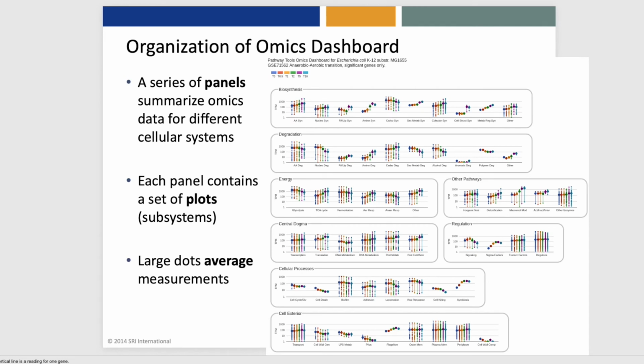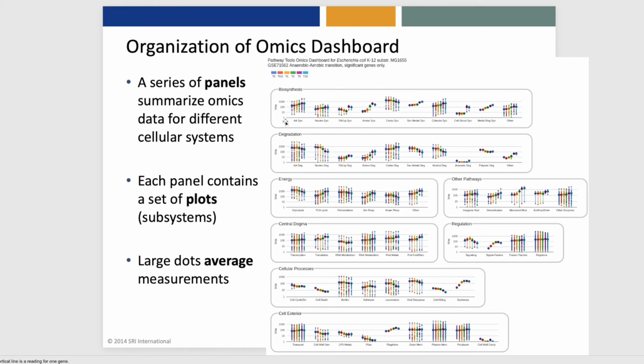The next tool is called the Omics Dashboard. The Omics Dashboard provides an integrated view of a metabolomics or transcriptomics data set. In this case, we're looking at the same gene expression data set for E. coli. The Omics Dashboard consists of a set of panels for major subsystems like biosynthesis, degradation, and energy metabolism.